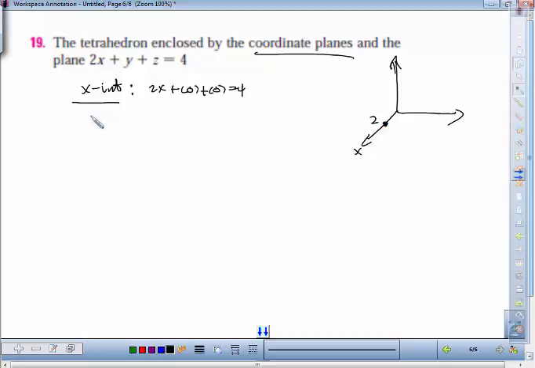And then you do the same thing to find the y-intercept and the z-intercept, and you get 4 and 4. And then from there, you just draw that triangular-looking thing that might resemble your tetrahedron.